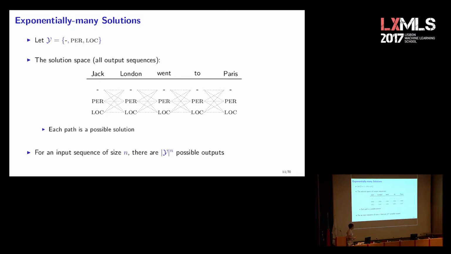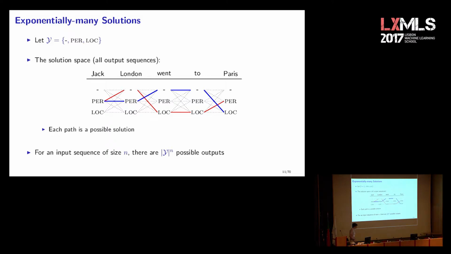The solution space is the set of all output sequences, and this is built by enumerating all the tags for each word: these 3 possible tags for each word, and so on. A solution is a path. This blue path is a labeling of the sentence that says that these 2 words are persons, this is nothing, and this is a location. This is one solution, and the red path is another one.